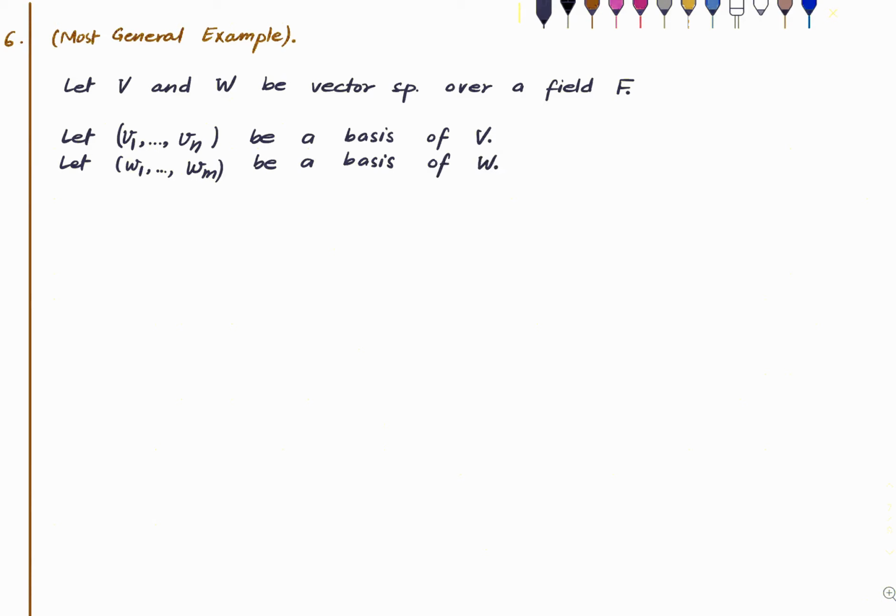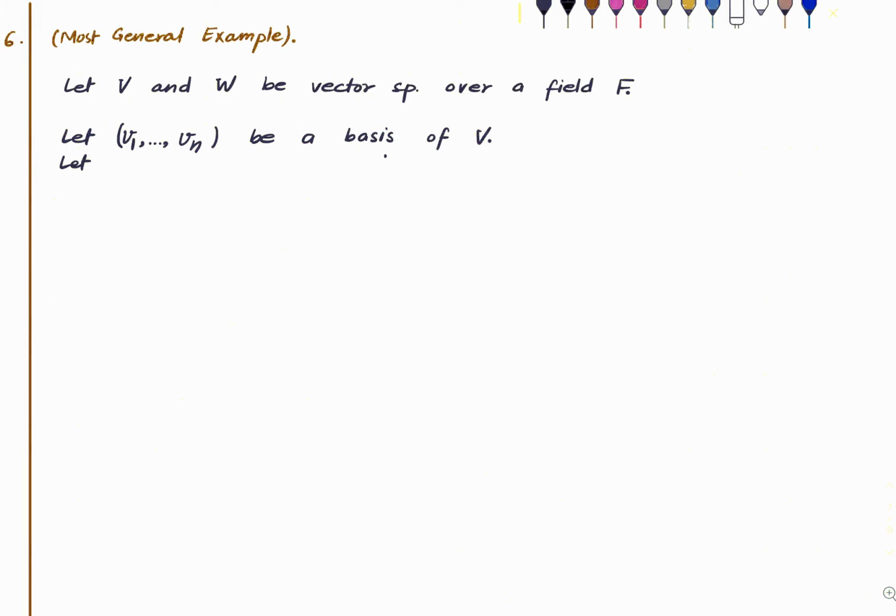Once we have fixed these bases, here is what we want to say. There is a unique linear map. Sorry about that. So this is a basis of V, but this is just some list of some vectors.